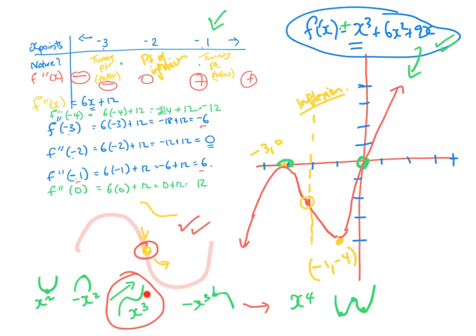So we had 2, a minimum and a maximum, so it turns around twice, and in a plain x squared it turns around once. In a cubic we have 2, so we sort of have 3 sections, up, down, up, or down, up, down. But at x to the 4 we have flicking around again, flicking around again.